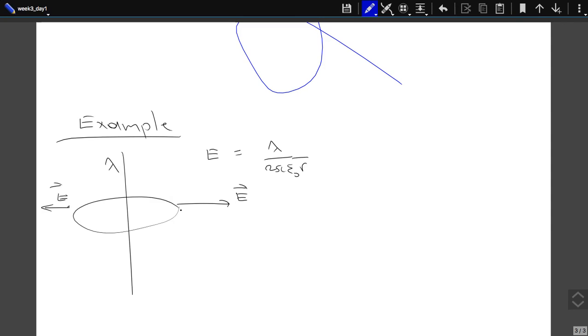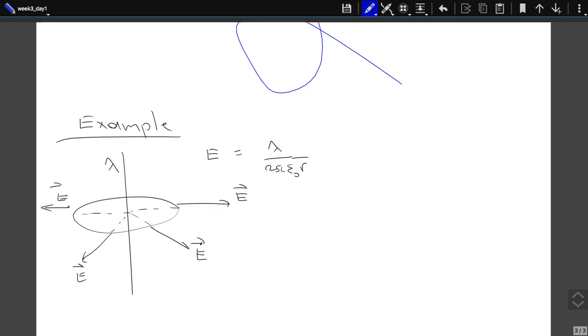If you are on this ring, at this point, it's in this direction, etc. It's always pointing away from the wire. And it's horizontal. If you assume the wire to be vertical, it's always horizontal, and this was the magnitude.